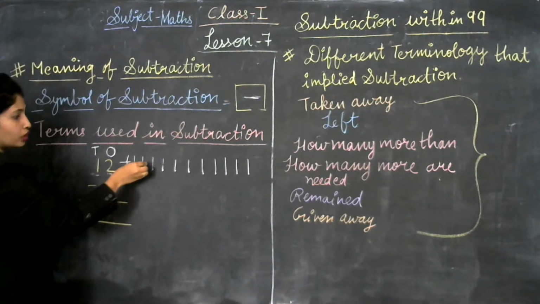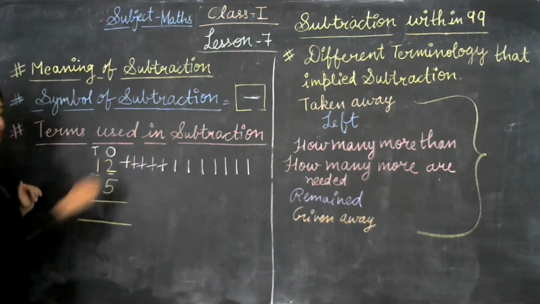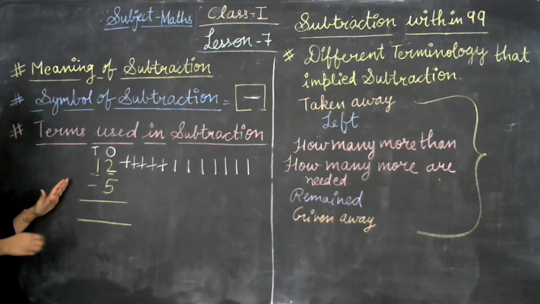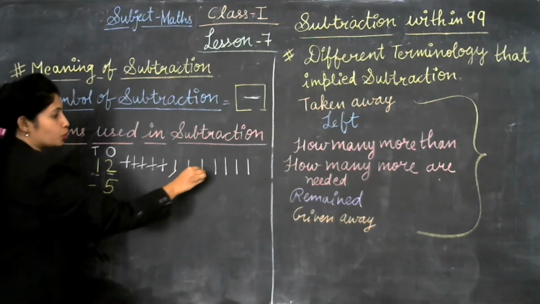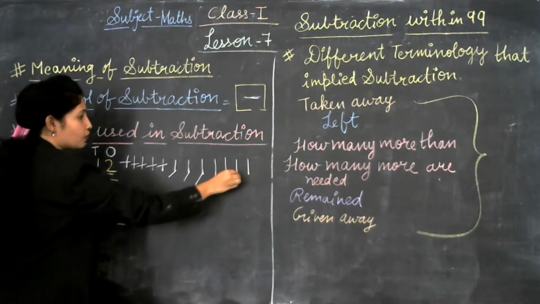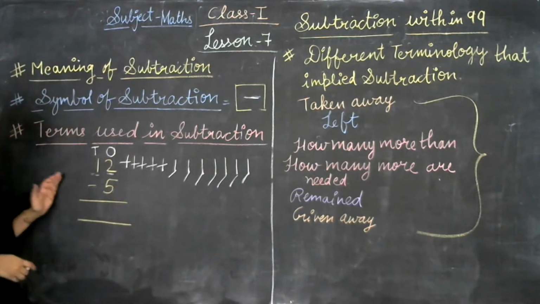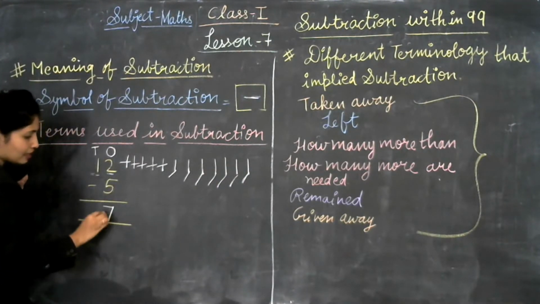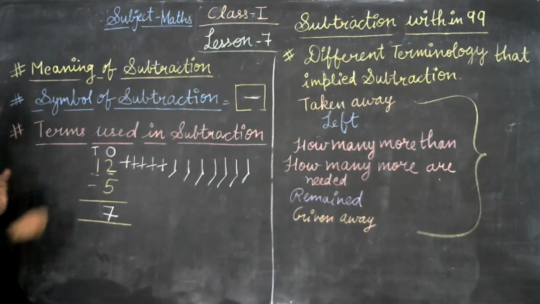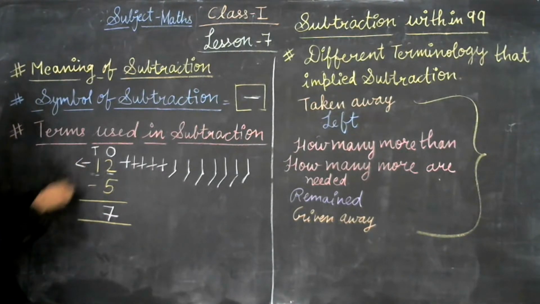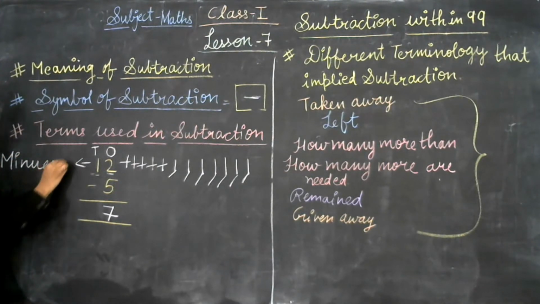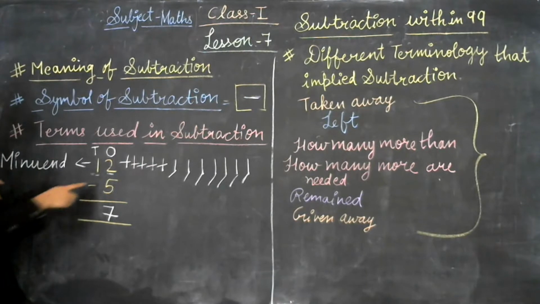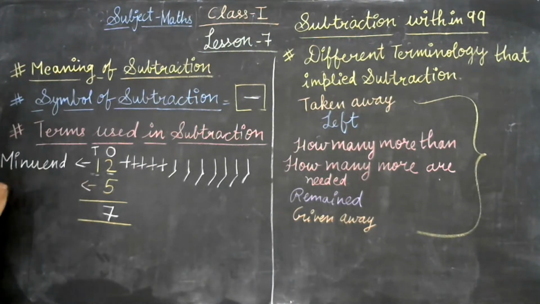1, 2, 3, 4, 5. So children, how many are left? 1, 2, 3, 4, 5, 6, 7. So we get 7. Students, now look at this. 12 is a minuend. 5 is a subtrahend.